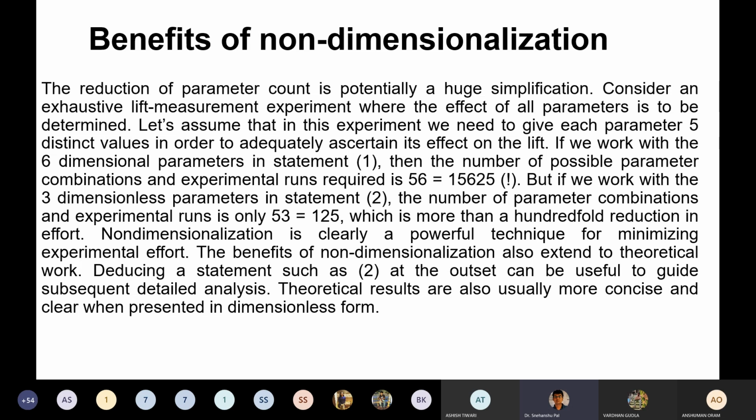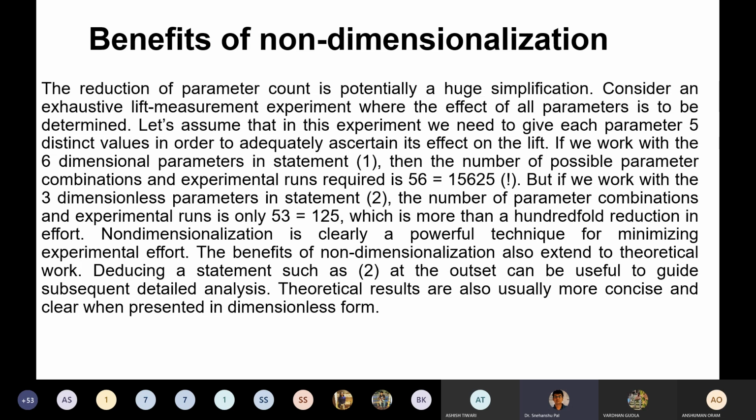If we work with 6 dimensional parameters in the system, then the number of possible parameter combinations, and experiment runs, is 5 to the power 6, equal to 15625. This is a very huge number. But if we work with 3 dimensionless parameters in the system, the number is reduced to 125, which is more than a 100-fold reduction in effort.